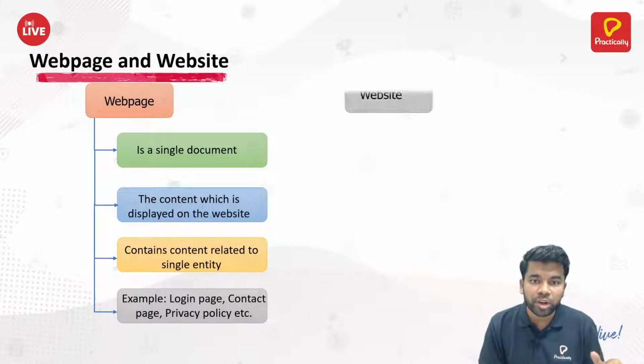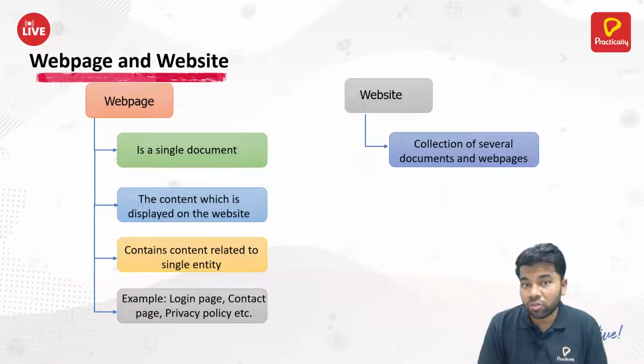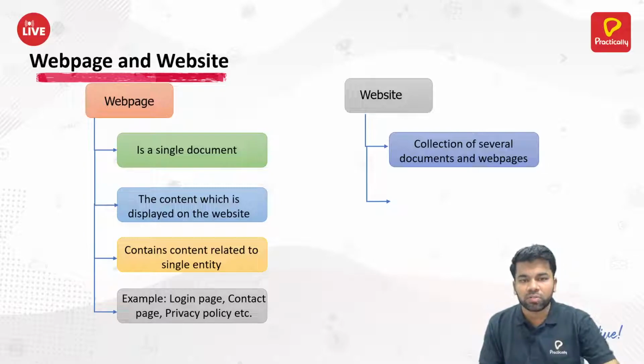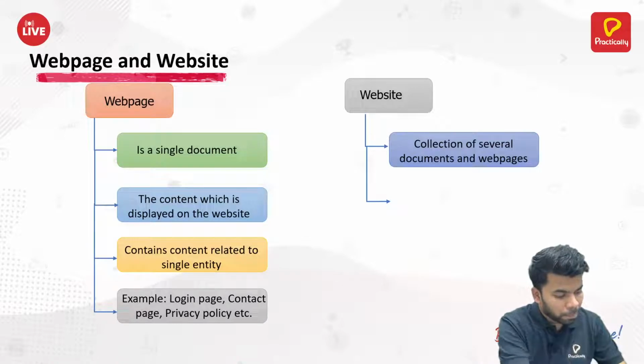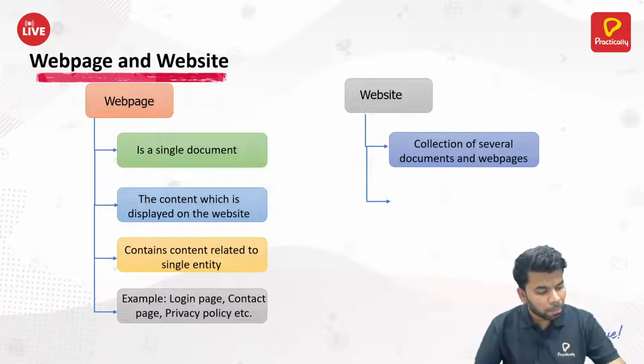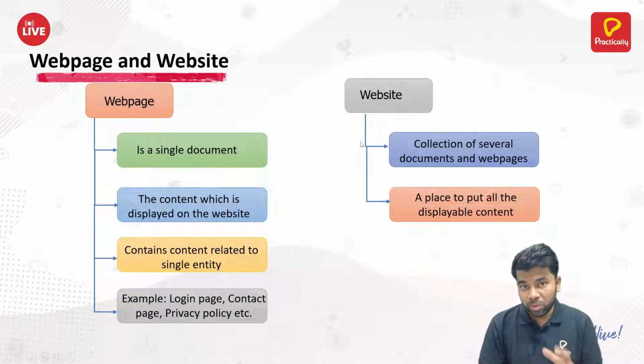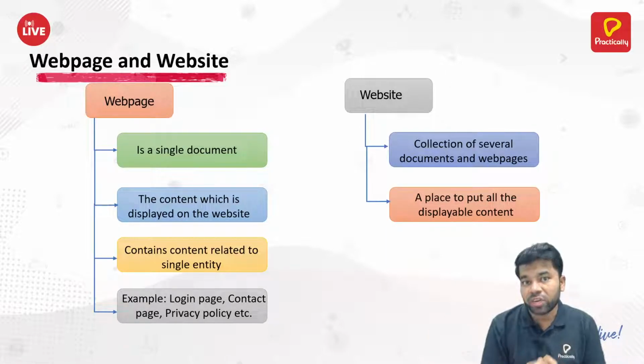And what is a website? A website is nothing but a collection of documents. A collection of web pages is known as a website. When we design so many web pages and connect them with each other, that will become a website.